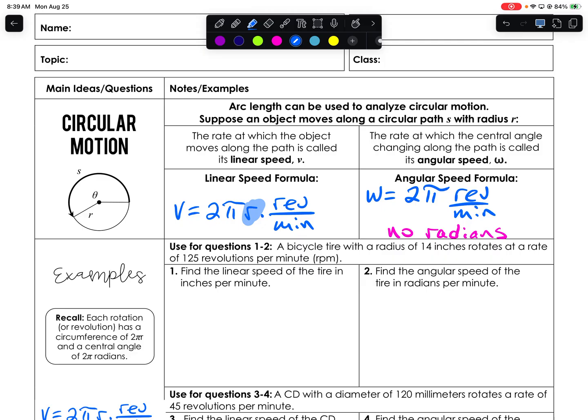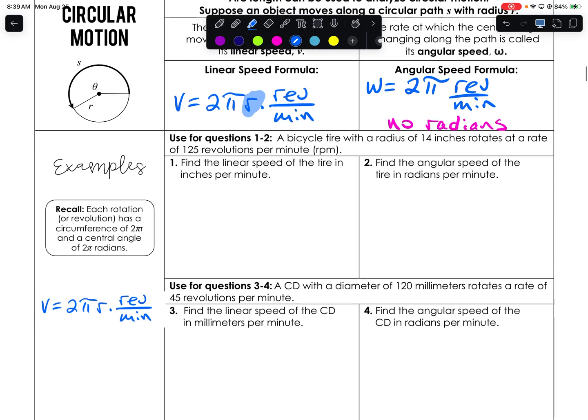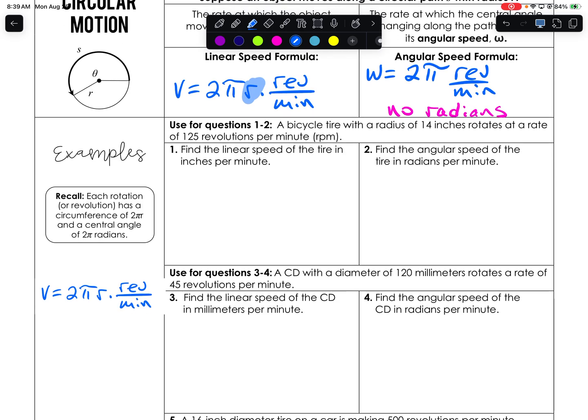Okay. So looking at numbers 1 and 2, a bicycle tire with radius of 14 inches rotates at a rate of 125 revolutions per minute. Find the angular speed of the tire in inches per minute. So you can plug in to the formula.